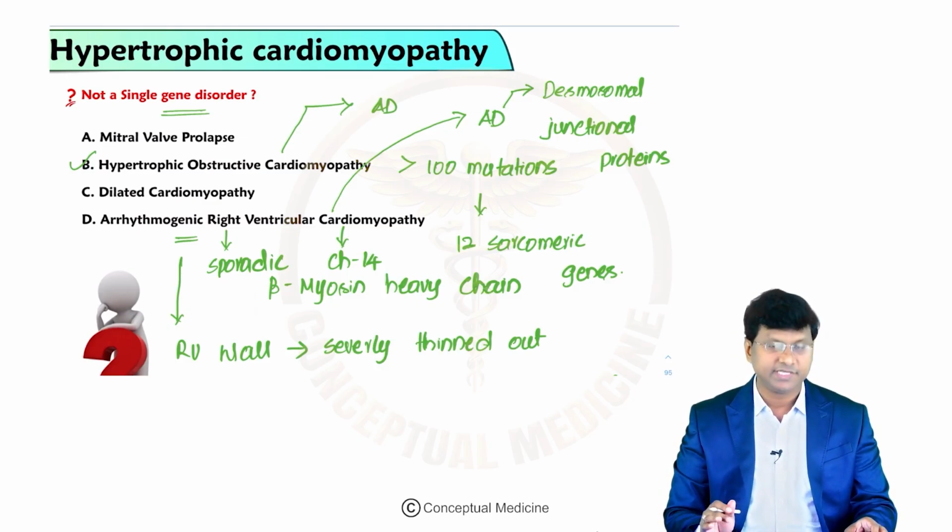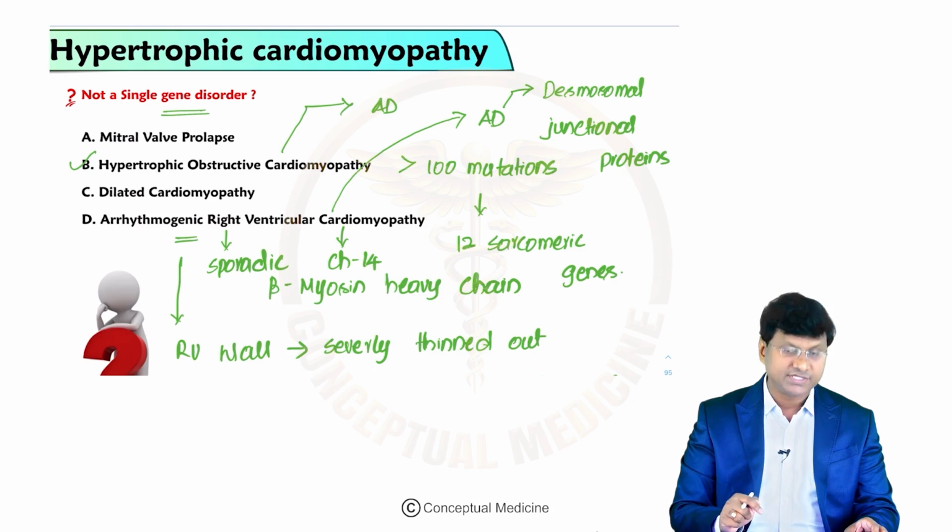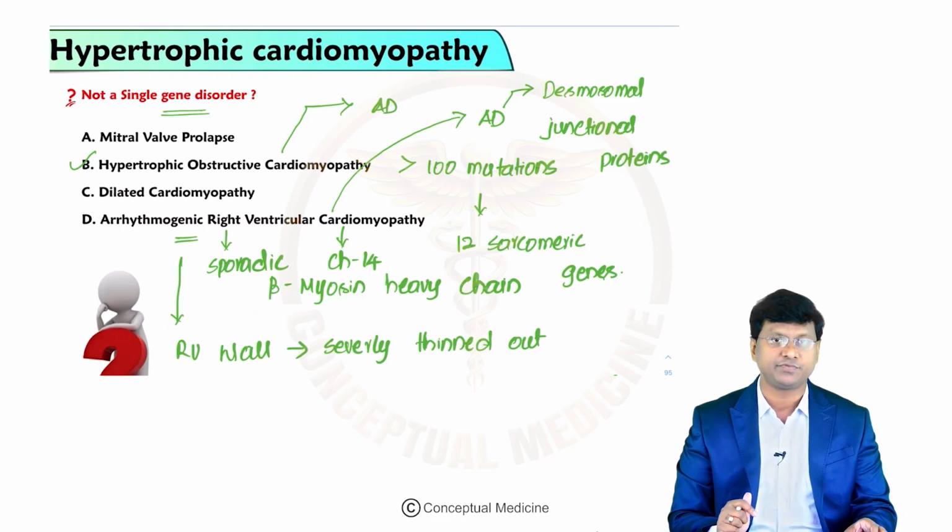So that is about arrhythmogenic right ventricular dysplasia, but it is a single gene mutation. It is not like the multiple gene mutations seen in hypertrophic cardiomyopathy.